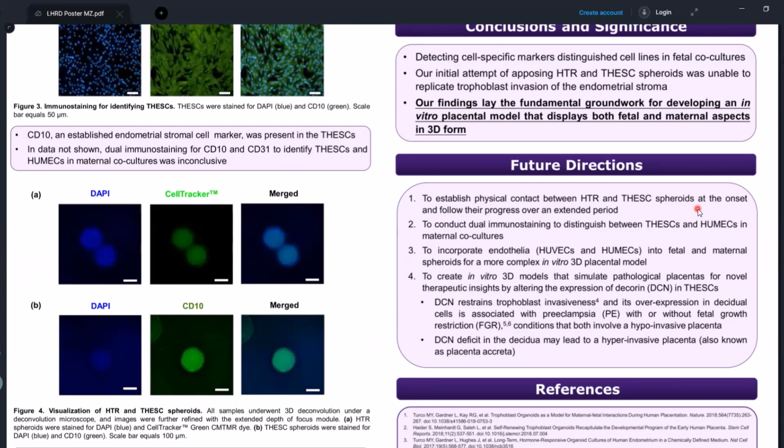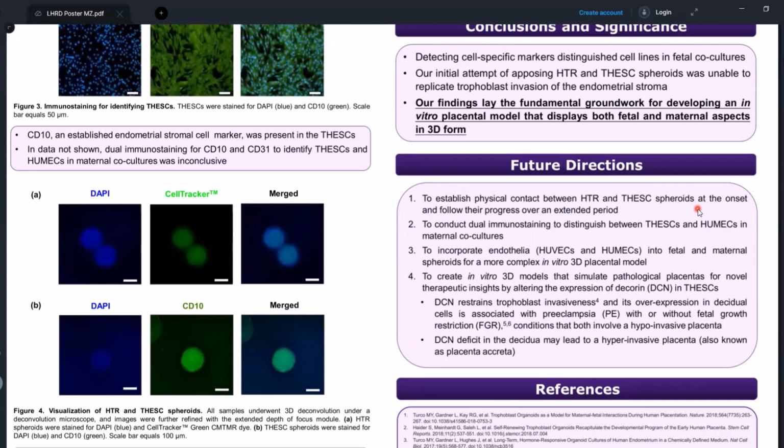Endothelial elements like HUVECs and HUMECs should be incorporated into the fetal and maternal spheroids for added complexity. And eventually, we aim to create in vitro 3D models that simulate pathological placentas for novel therapeutic insights, which could improve health outcomes for both mothers and fetuses.